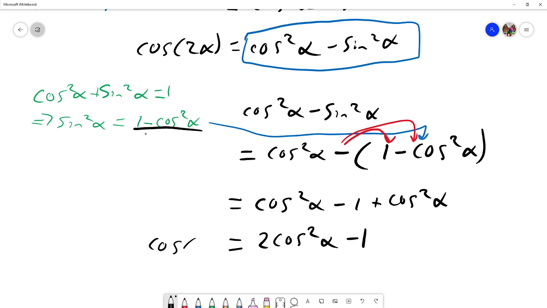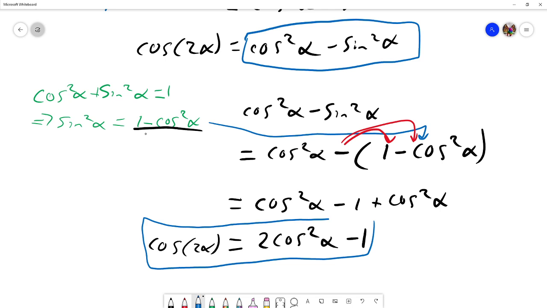So cosine of 2 alpha is also equal to this, and we'll make a nice blue box again. Alright, it's a terrible blue box, but we'll run with it. And we could actually do the same sort of work over here with our Pythagorean identity. So we could have subtracted a sine squared from both sides.